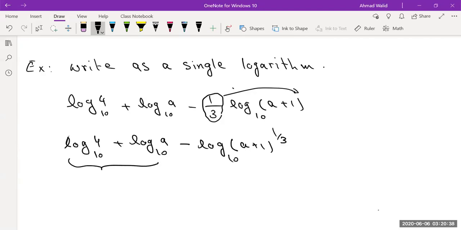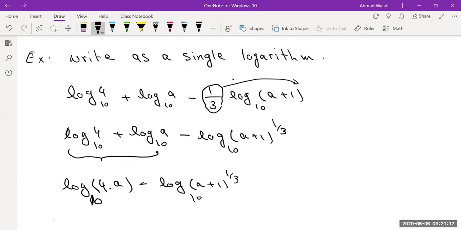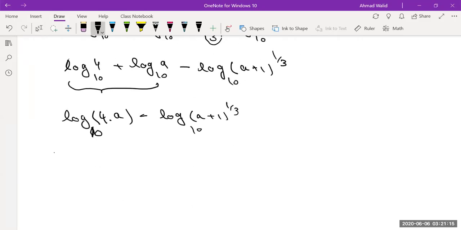Now here I have addition between two logs. Addition becomes a product. Then I will write as one single logarithm between these two terms, log of 4 times a base 10, minus log of a plus 1 to the power of 1/3 base 10. Now I have subtraction.